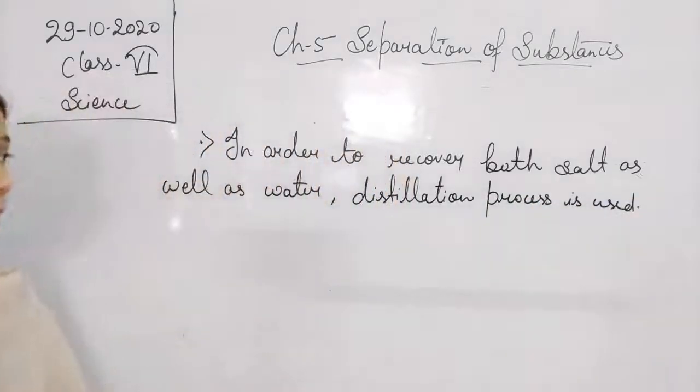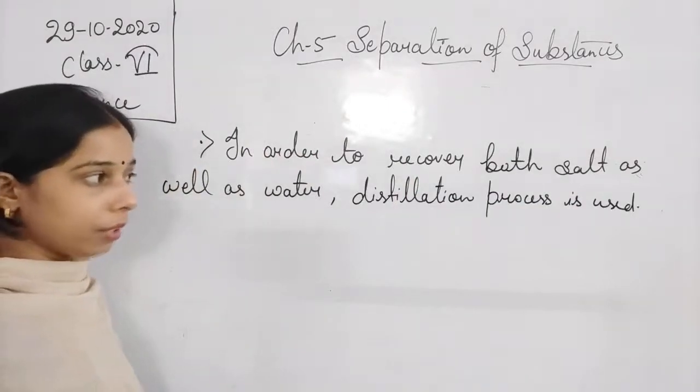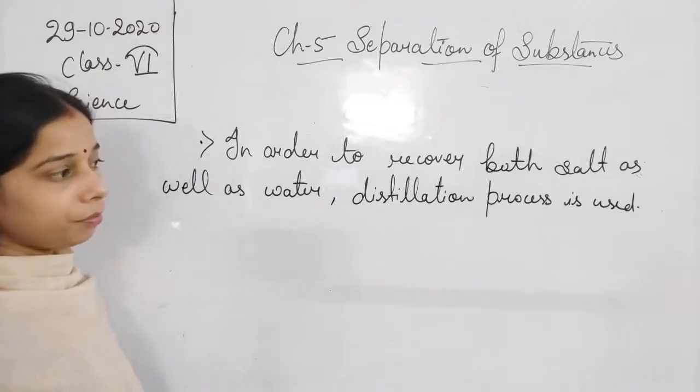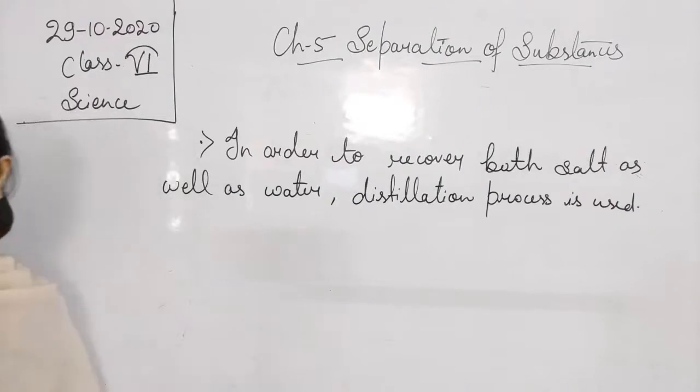To recover both the salt and the water from the salt solution, the process we use is distillation, because we know that in the process of evaporation only one will be recovered.